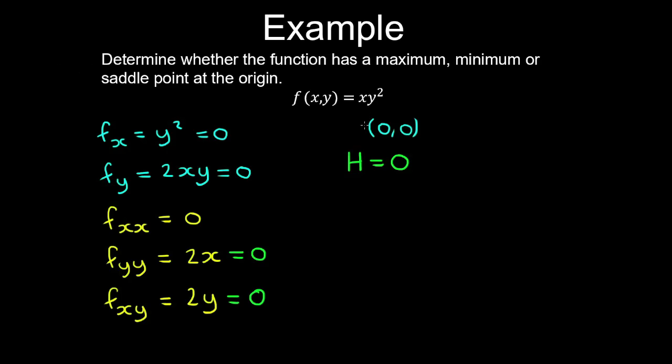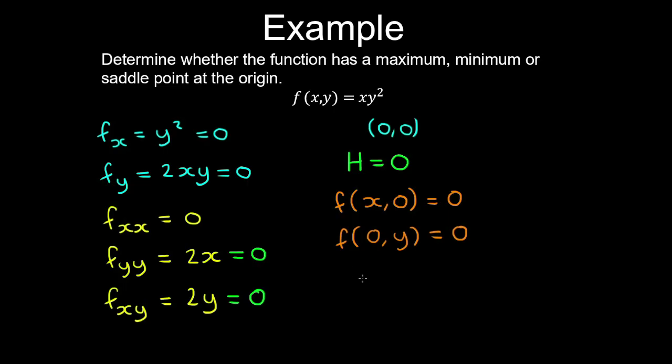So doing a bit of further analysis, we see that the function along the x-axis, so x is a variable and y is 0, gives 0, and in the orthogonal direction along the y-axis, the function at x equals 0 and y is a variable is also equal to 0. So that also does not give us any information.